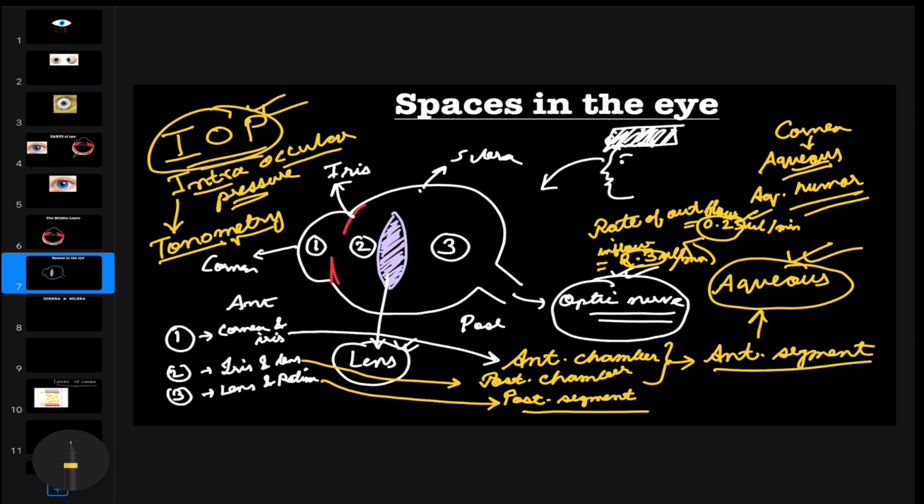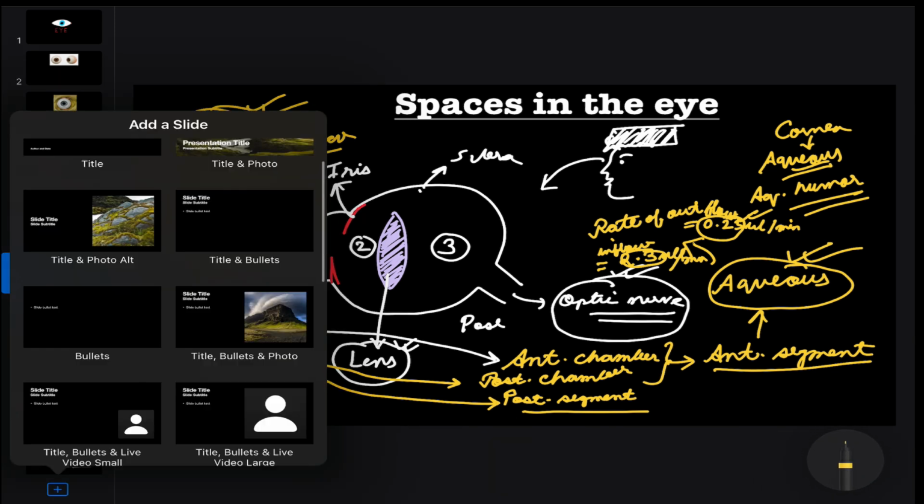Why did I say related to aqueous? Because there is another term. This is becoming very congested, let me make another slide here. So there is another term. I just said that tonometry is measurement of IOP, intraocular pressure. We are going to make an entire video on how to measure intraocular pressure when we talk about a very important pathology of the human eye known as glaucoma.